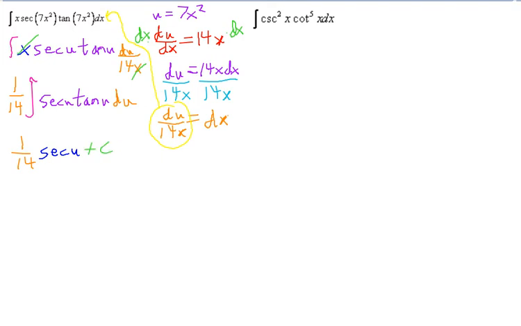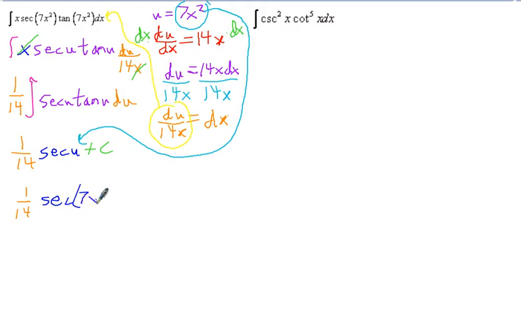But that's not our final answer. We want it back in terms of our original variable x, so we take the 7x squared, substitute back in there. So we have 1/14 secant. You don't have to put parentheses, but it does make it look a little easier to see what's inside secant if you do. Secant of 7x squared plus c.